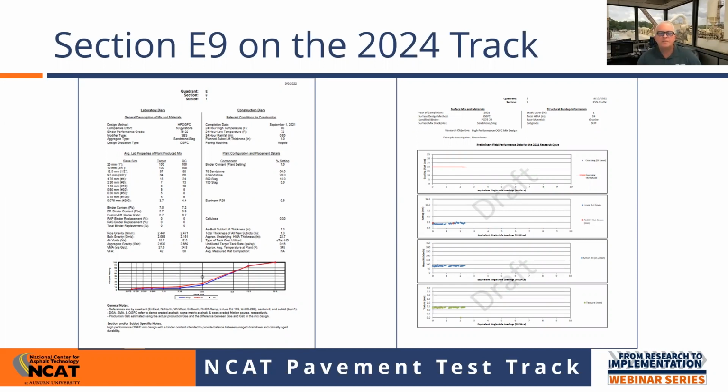So what you see on the left is the construction report for section E9, and what you see on the right is the performance report for section E9. I'm going to talk about this a little bit. Jim, you might want to unmute yourself to jump in here since we have some time to work with.